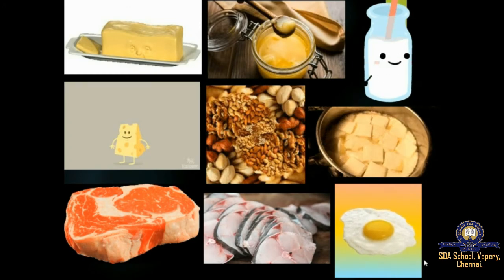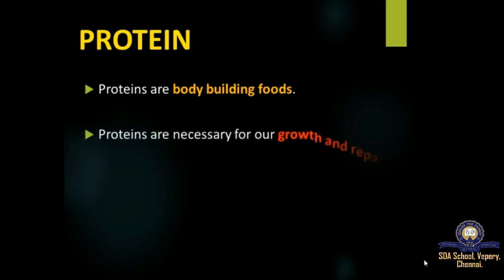Now we'll move on to the last component of food in today's class, that is proteins. Proteins are necessary for growth as well as for regulating various functions such as digestion. Proteins are the body building foods.